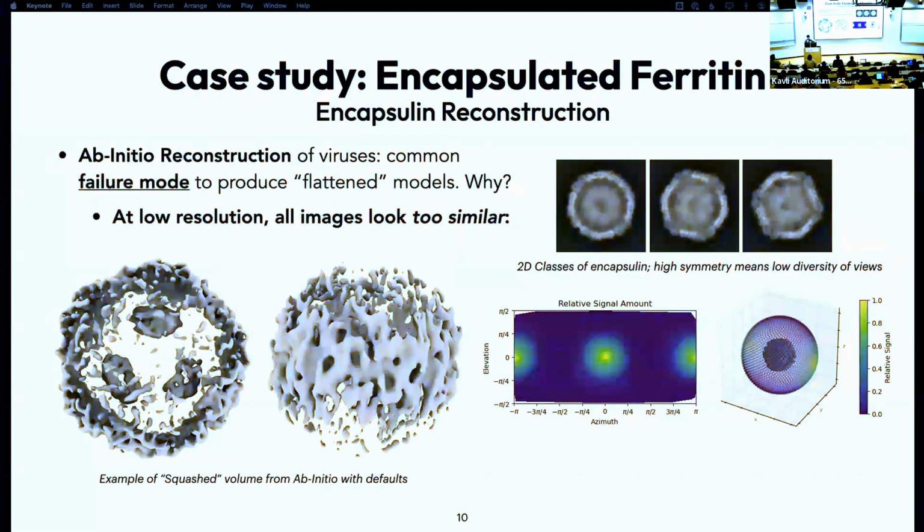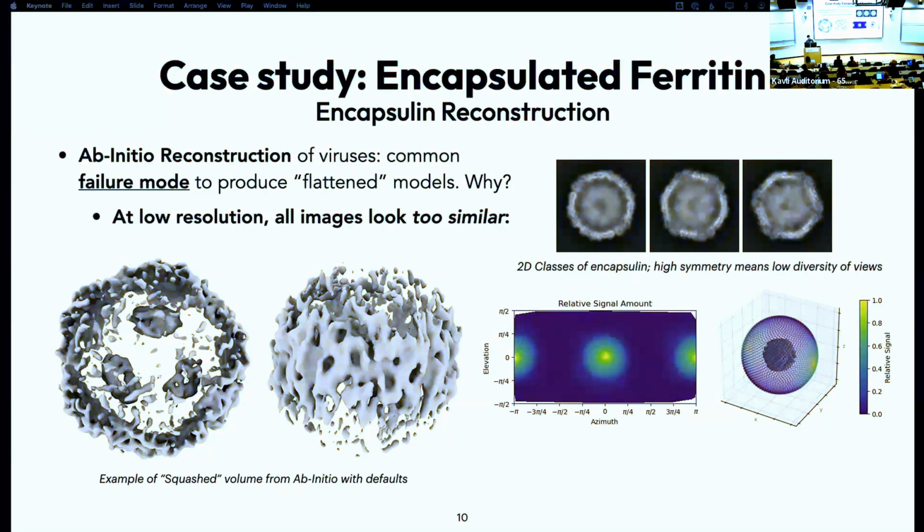Okay, so now that we have our set of curated particles, we want to move on to initial model generation. As I alluded to before, those of you with experience working with virus or helical data sets, anything with high symmetry groups, know a common pitfall of ab initio reconstruction, and refinement algorithms in general, is that they will separate more on orientation and less on heterogeneity.